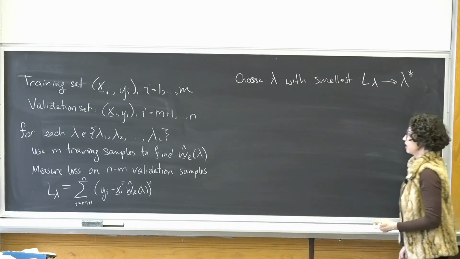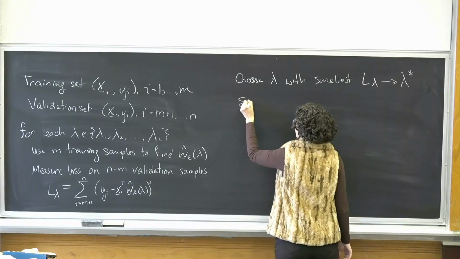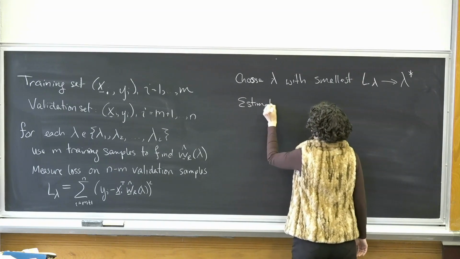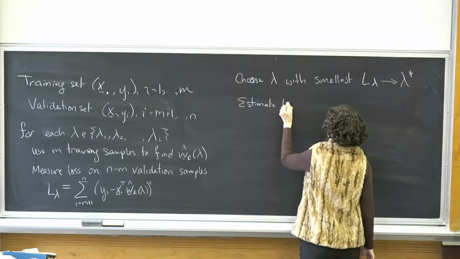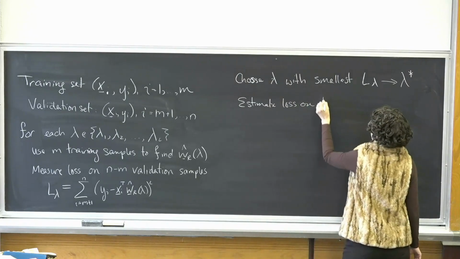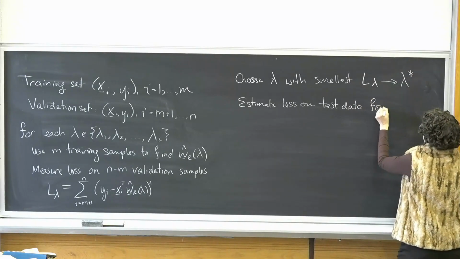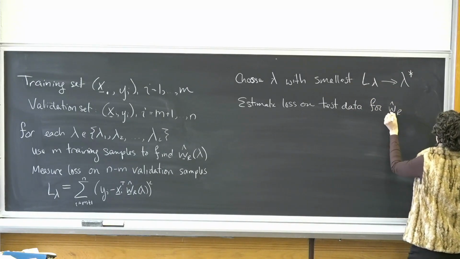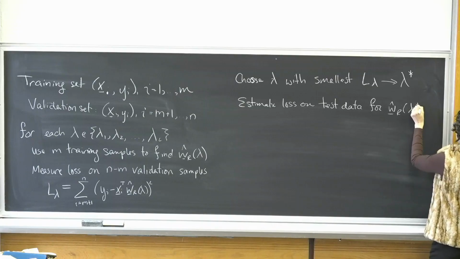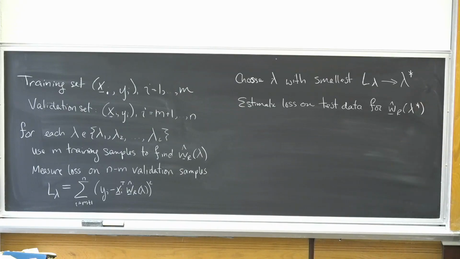Once I have that, then I can estimate my loss on the final test data for this W hat R for lambda star. So I'm not touching my testing data until the very end, when I've selected all the parameters, in this case lambda, and weights for my method.